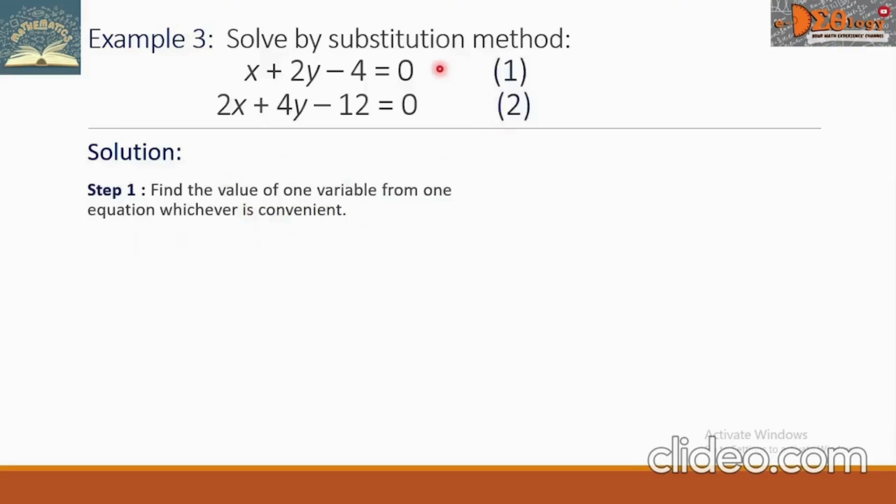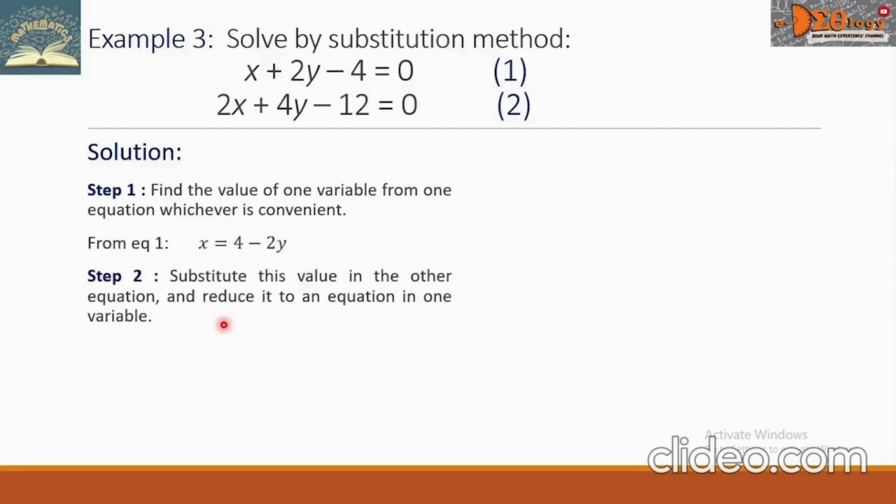This is our equation 1. This is the equation 2. Look at equation 1. We can isolate x and we can express this in terms of y, meaning this 2y and negative 4 we transpose to the right. So x equals 4 minus 2y.